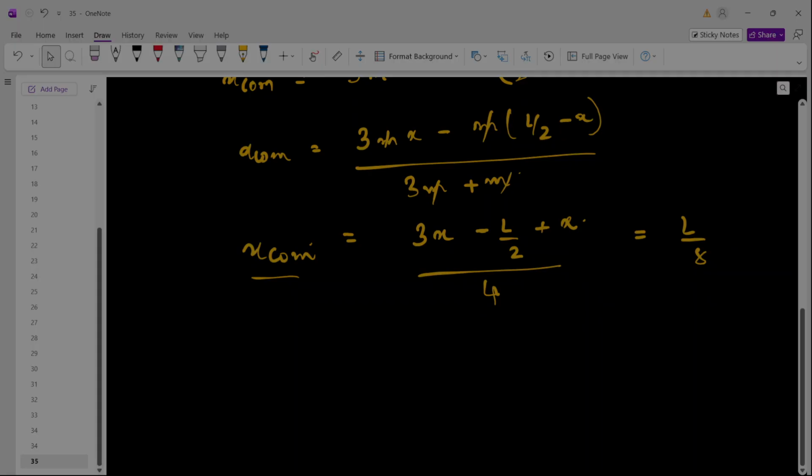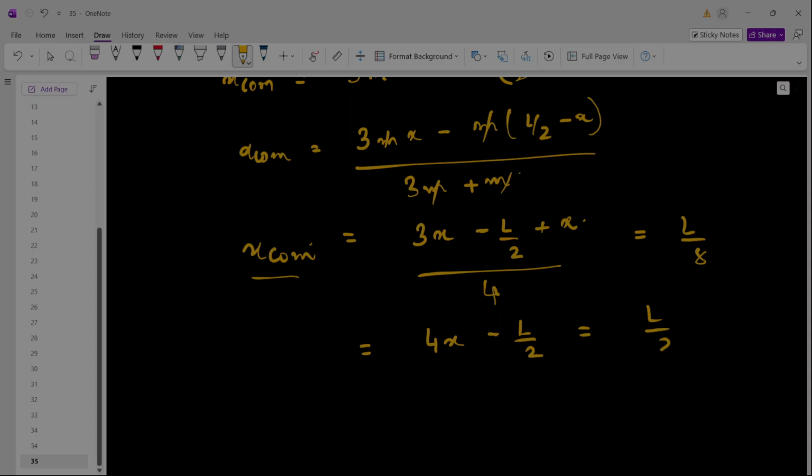So with this, what I can find is the value of x, right? So this turns out to be 4x minus L divided by 2 is equal to L divided by 2, which makes it 4x is equal to L, and x is equal to L divided by 4.